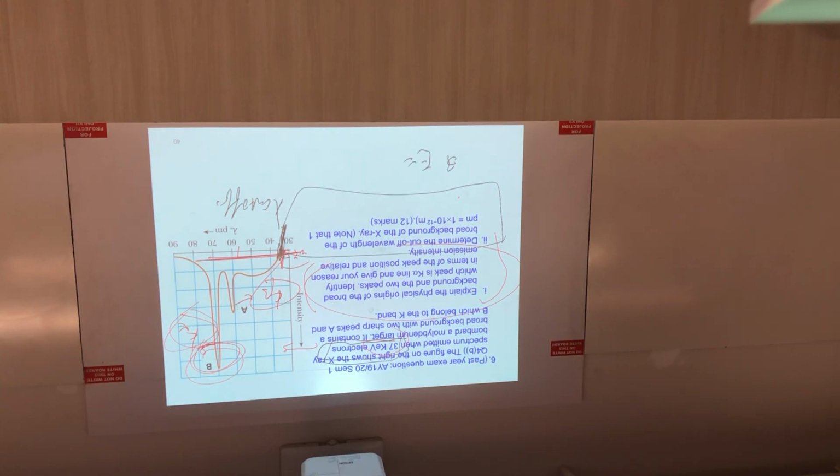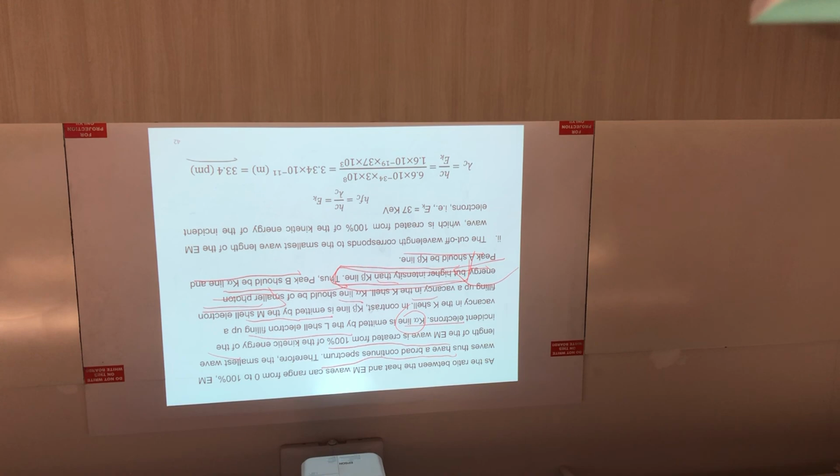Therefore, our energy is 37 kilo electron volts. This is related to the cutoff wavelength, so hc over lambda cutoff. So we are going to solve this for the cutoff wavelength. Therefore, our wavelength is calculated at 33.4 picometers.